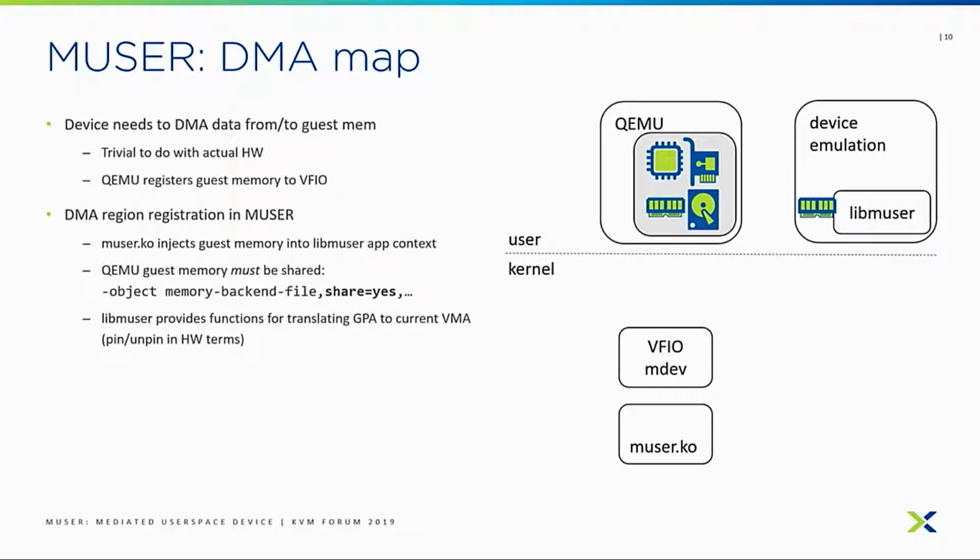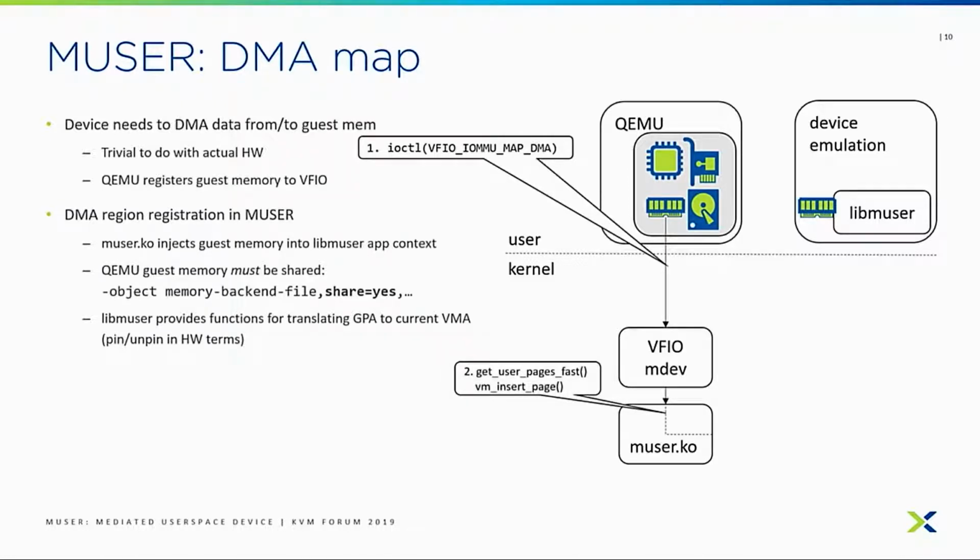So let's see how DMA map happens. The device needs to DMA data to and from guest memory. QEMU calls into vfio mdev to register guest memory for DMA operations. In order to do that, QEMU calls the mapDMA IOCTL. Then this mapDMA IOCTL is passed further down to muser.ko. muser.ko keeps track of the physical pages behind the guest memory.